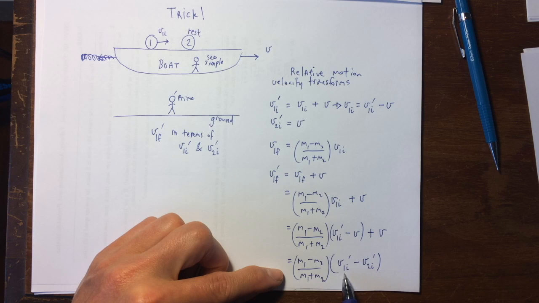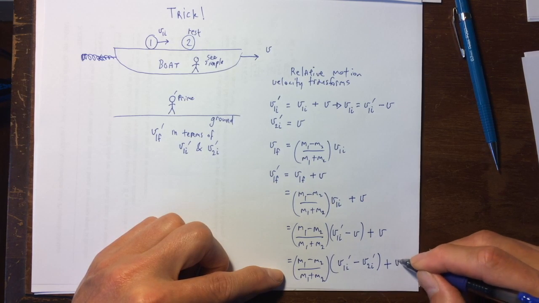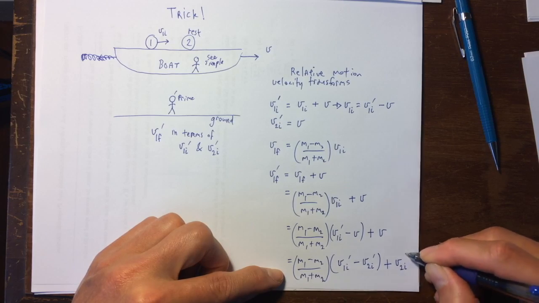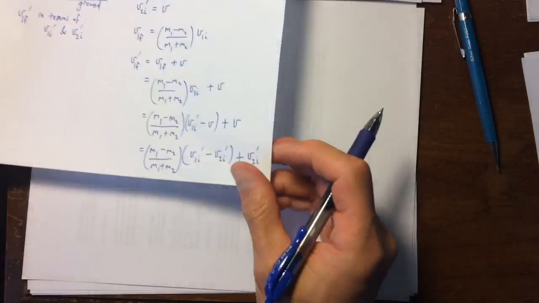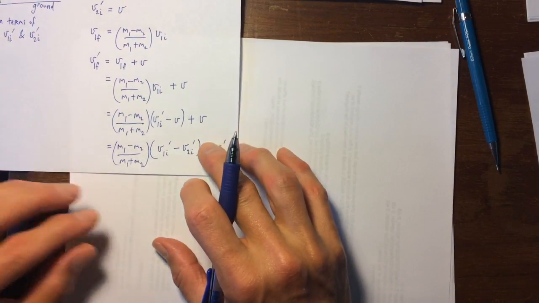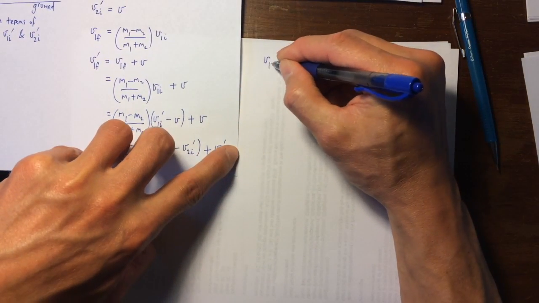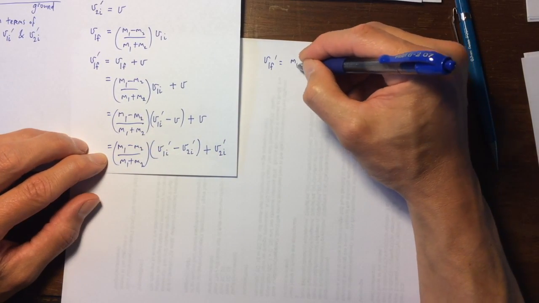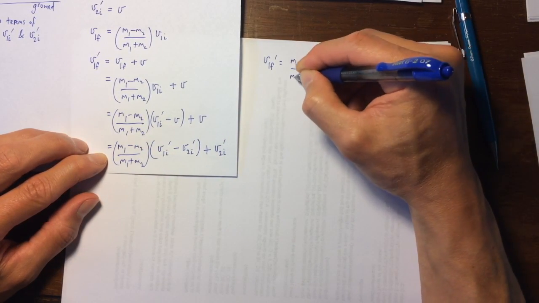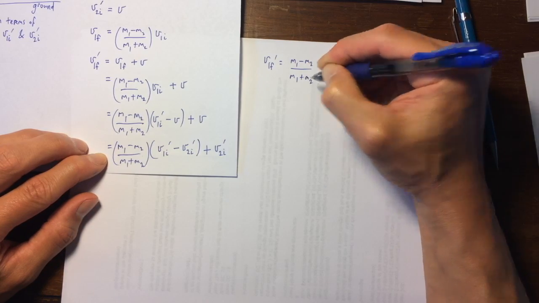That turns into v1 initial prime minus v2 initial prime plus v2 initial prime. So if we just continue with the algebra, we get v1 final prime equals, so I've got m1 minus m2 over m1 plus m2.